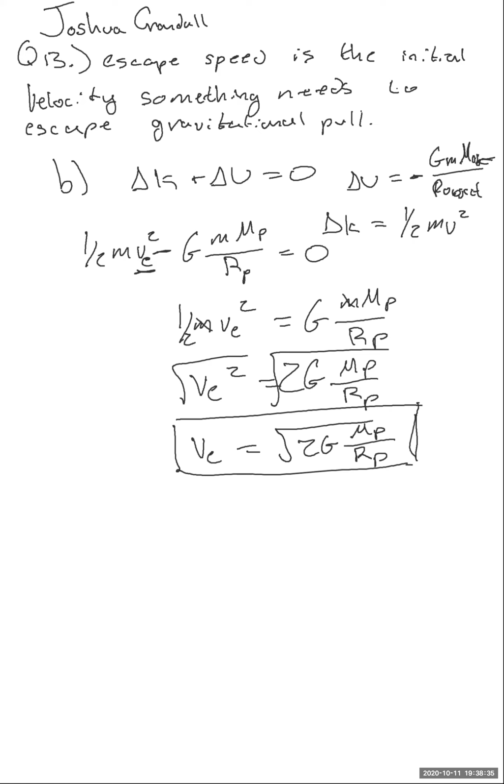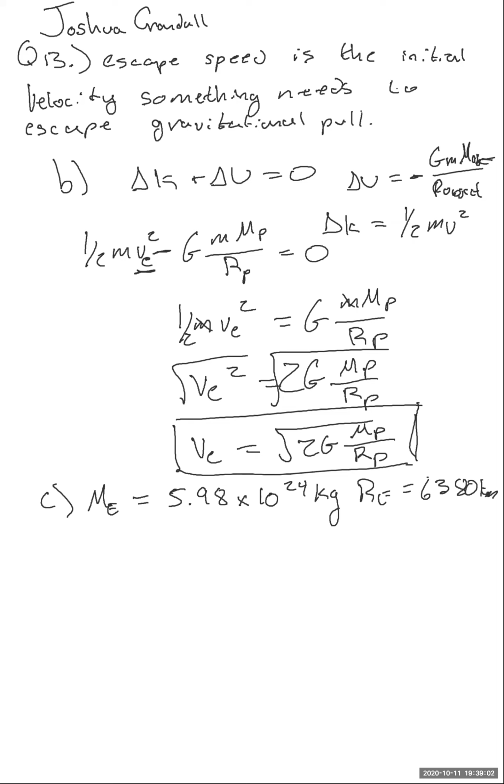And then part C, we just want to take all of the values that were given and substitute them into this equation. So our values are mass of the Earth is equal to 5.98 times 10 to the 24th kilograms. Radius is equal to 6,380 kilometers.